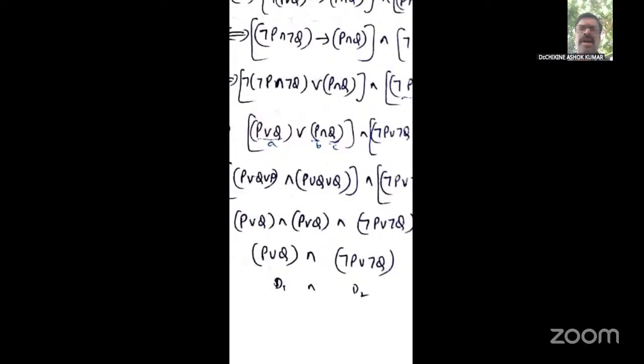So this is the negation of P. Negation P will become P, intersection will become union, and negation of negation Q. Union, and write B intersection Q as it is.